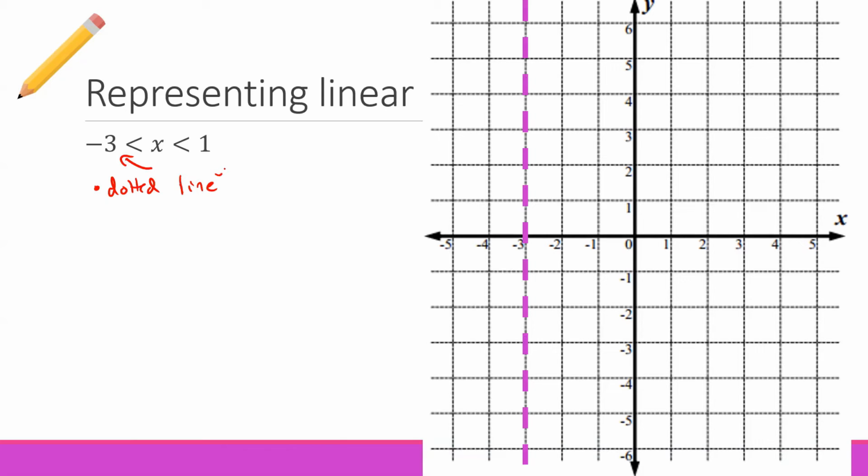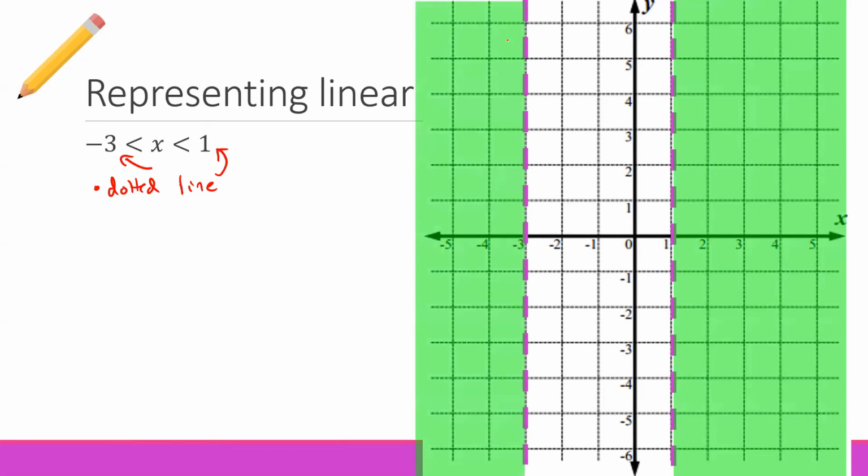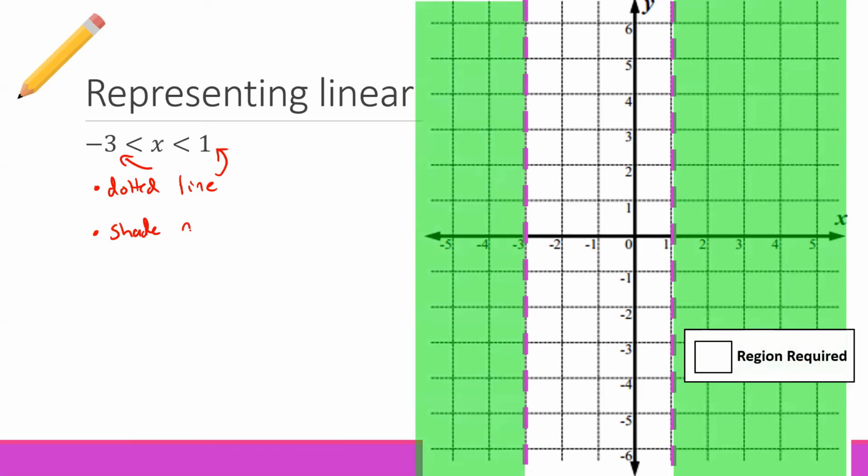And you're also going to do a dotted line at 1. And then what you do is you shade, and write this down, you're going to shade the non-required region.